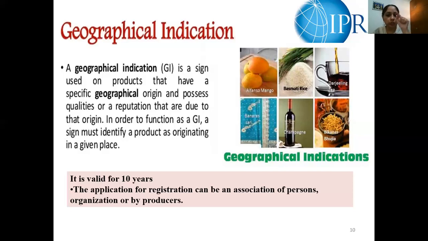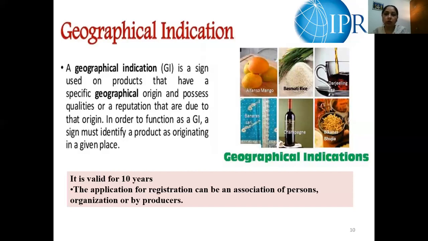And you need to register your product for this geographical indication. The application for registration can be by an association of persons, organizations. For example, if you have tea and you want to write Darjeeling tea on the packet, you need to show that it actually belongs to Darjeeling, and you get that geographical indication registered for further use on your product.